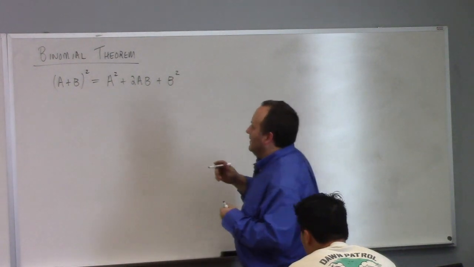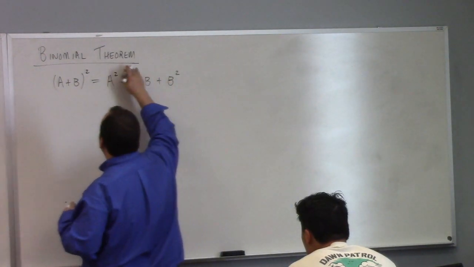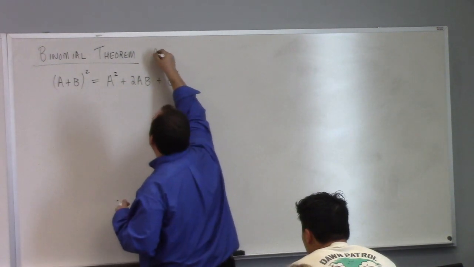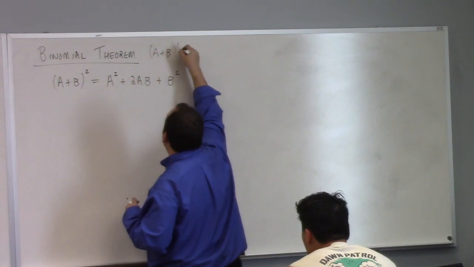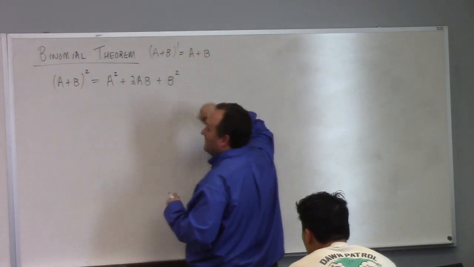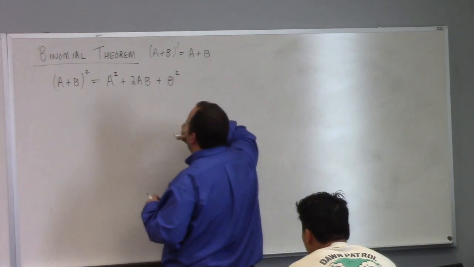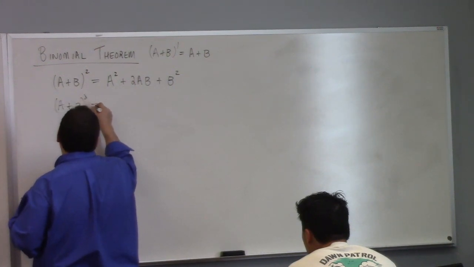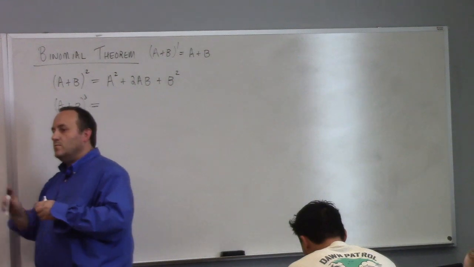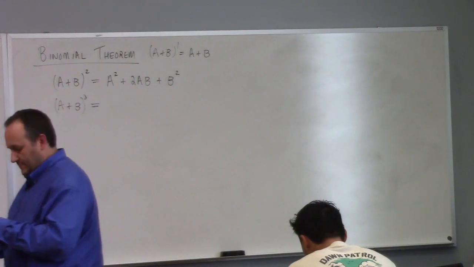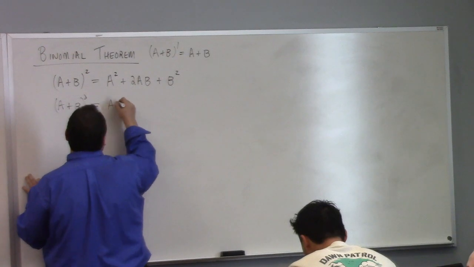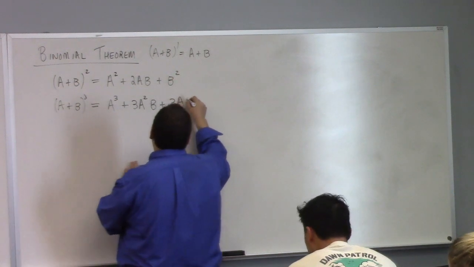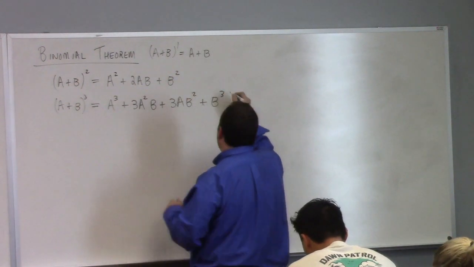Now, I guess even before that, what's a plus b to the 1 equal to? Well, it's a plus b, right? Now, what's a plus b cubed equal to? That's a cubed plus 3a squared b plus 3ab squared plus b cubed.